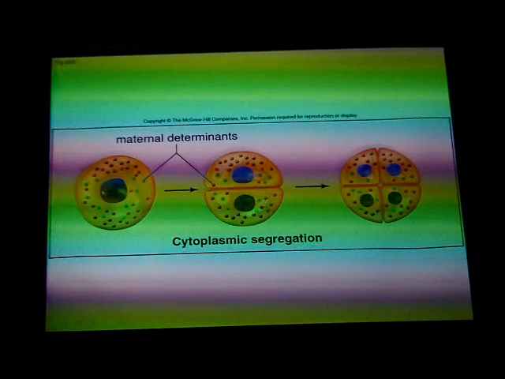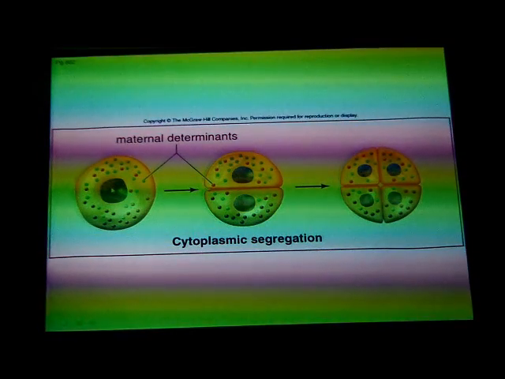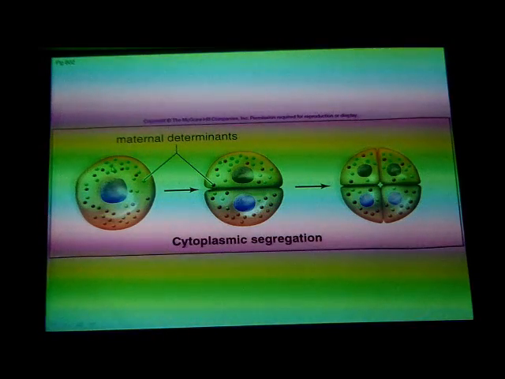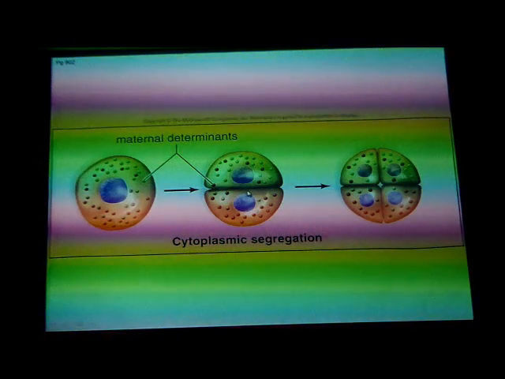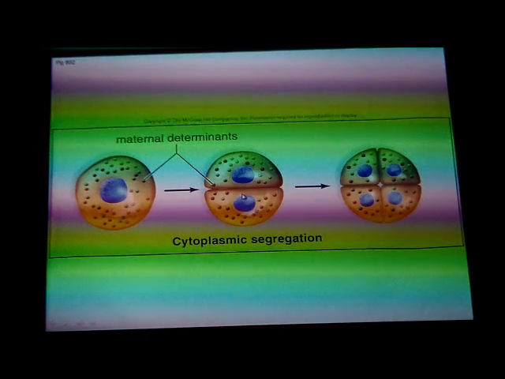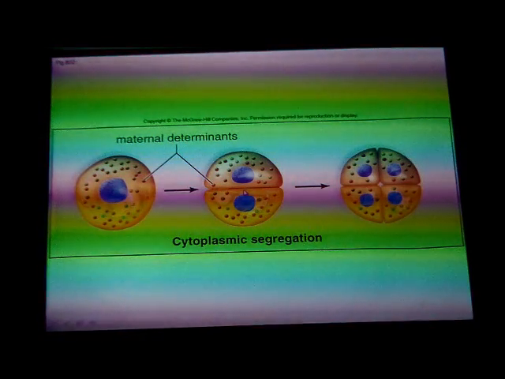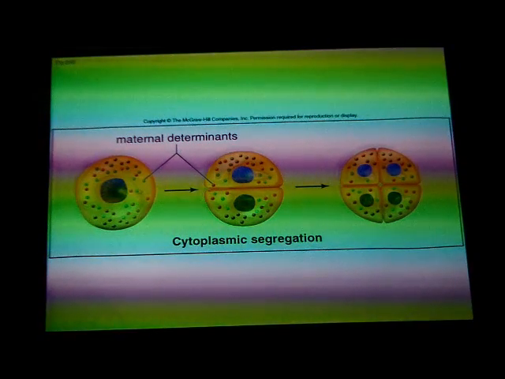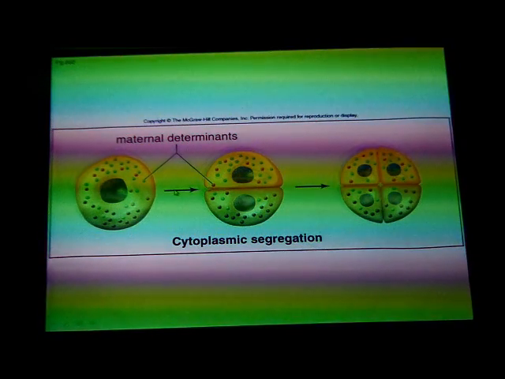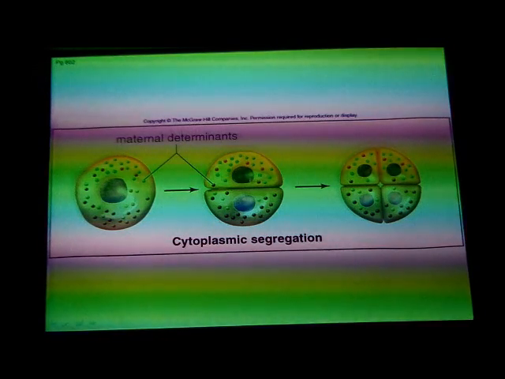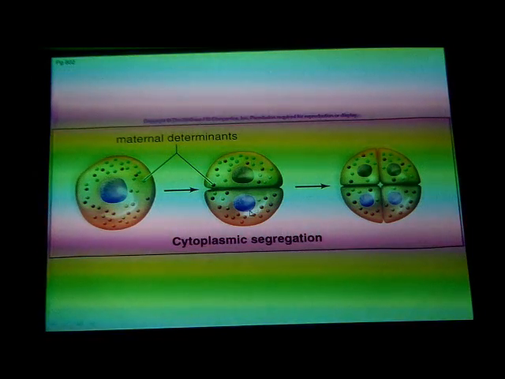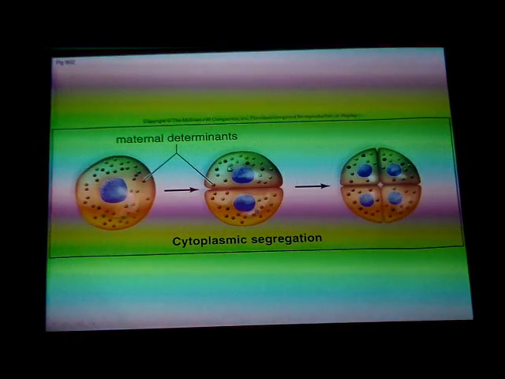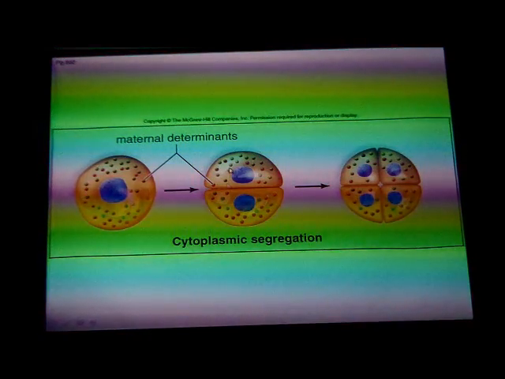Mitosis copies the nucleus exactly, and so you get 2 identical nuclei. But when the cell splits in half, which it has in this second picture here, the cell hasn't copied itself exactly. The cell just divides itself down the middle. And as you can see, the top cell is a little bit different from the bottom cell, not as far as the nucleus is concerned, but as far as the cytoplasm is concerned.